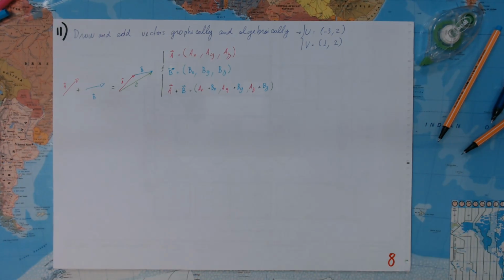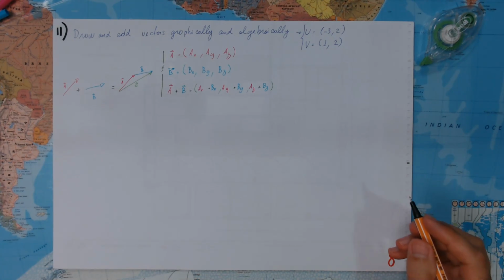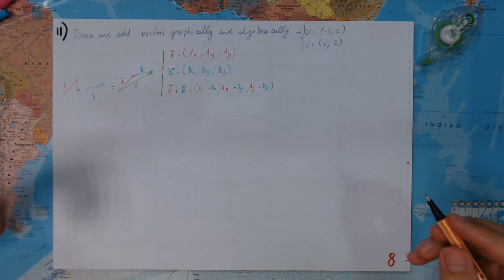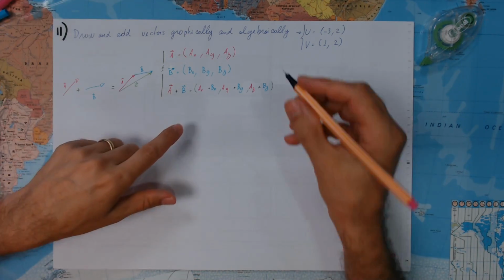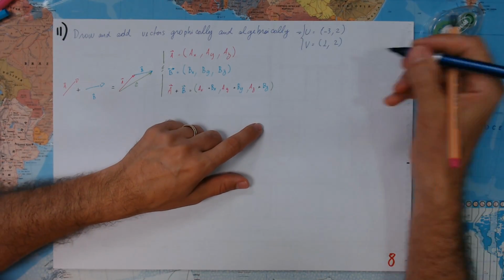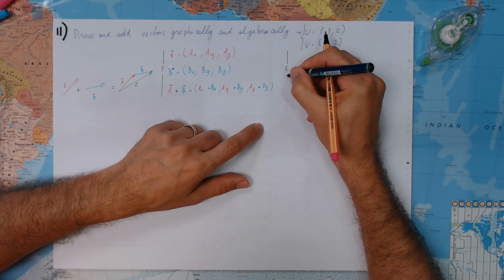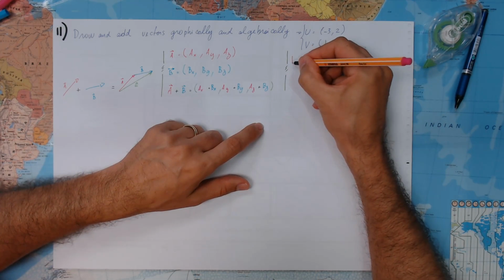And something else, I'm going to take the opportunity here. What if we wanted to give the magnitude of that vector? Well, the magnitude is going to be represented by this.